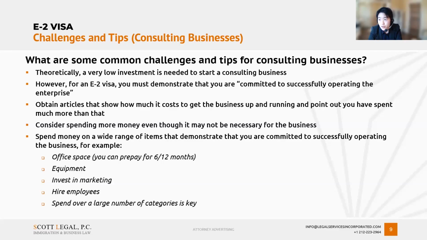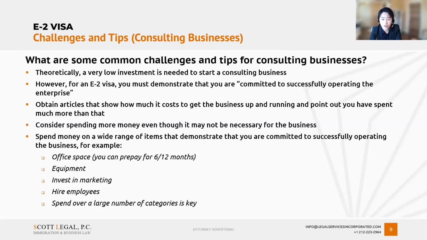The other strategy you can consider is to spend money on a wider range of items that demonstrate that you are, in fact, committed to successfully operating the business. With regards to office space, and I did mention this a little bit, you can choose to prepay the rent for 6 months, 12 months, and in that way, you can increase the amount that you're paying upfront.